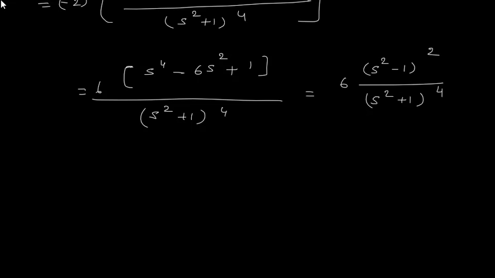It is s power 4 minus 2 s square. No? So again this is wrong. So this is what I got is the final answer. 6 into s power 4 minus 6 s square plus 1 upon s square plus 1 the whole power 4. So this is multiplication by t.